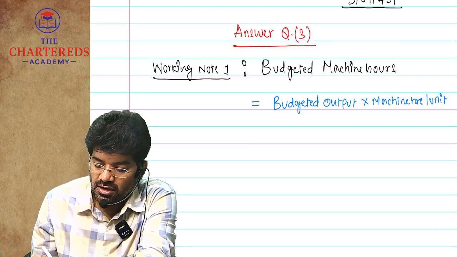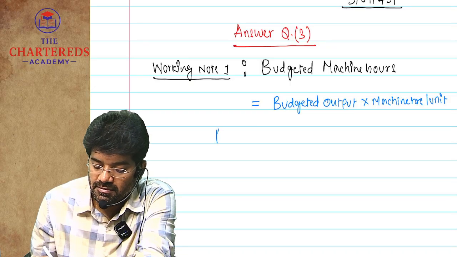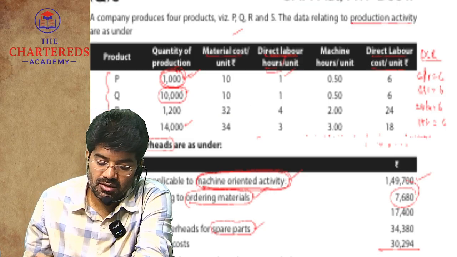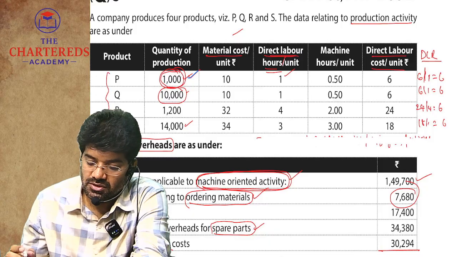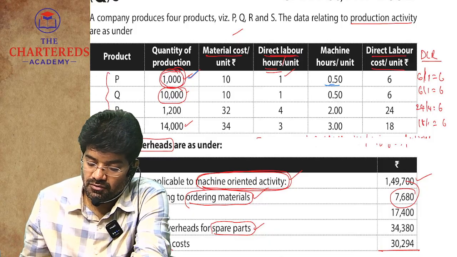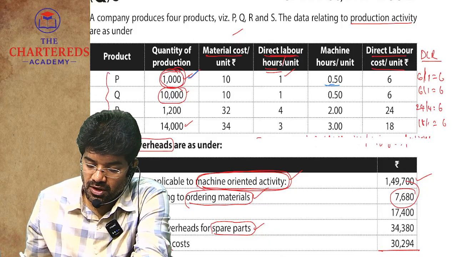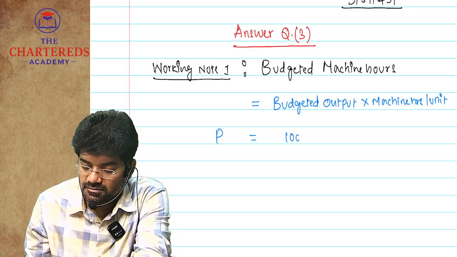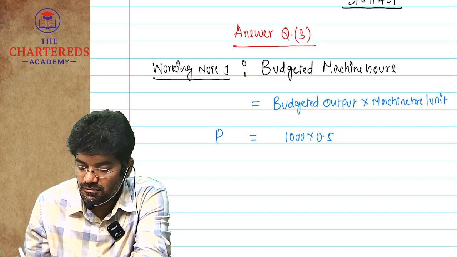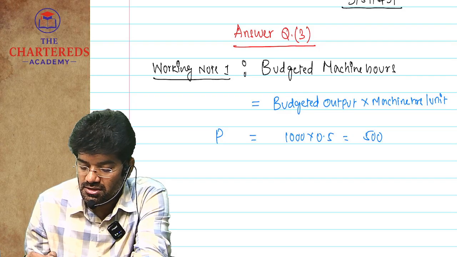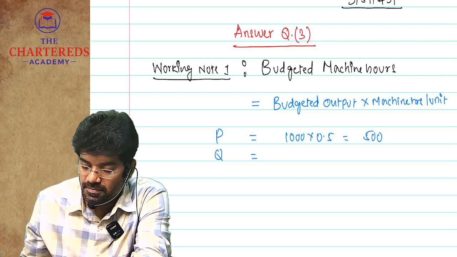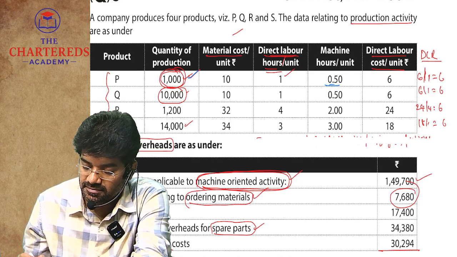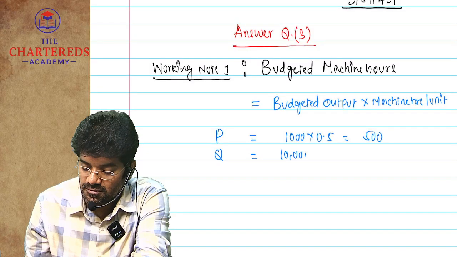This information is already provided. First, product P: how many they would like to produce is 1000. 1000 into machine hours required 0.5, that is 500 hours. Product Q, 10,000 units into 0.5, 5,000.